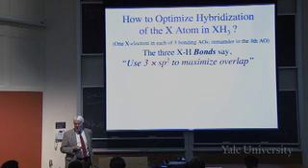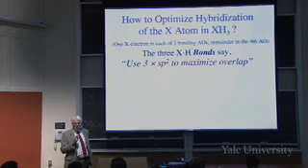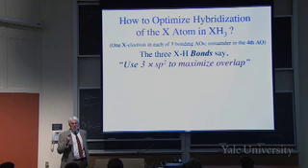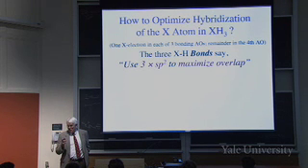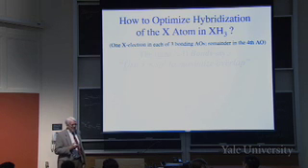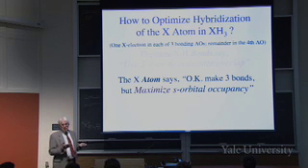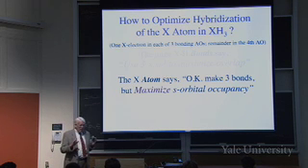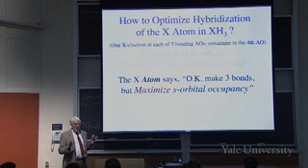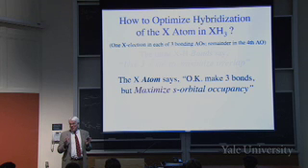Okay? But that's not the only game in town, because there's also the other electron that's on the atom, if there is another electron, okay? Because carbon has one and nitrogen has two other electrons. So they should get a say in it too. So the X atom, which has to accommodate whatever's left over, says, okay, go ahead, make 3 bonds, but get the lowest energy for the other electron that I'm the only one responsible for, right?